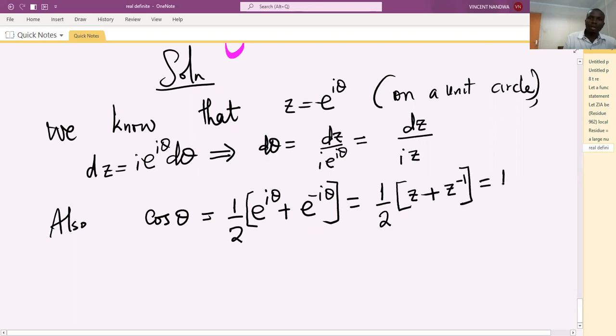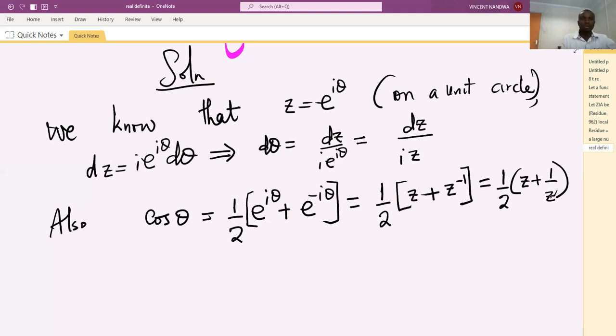So it's the same as a half into z plus 1 over z. We are going to use these values to substitute into the integral.